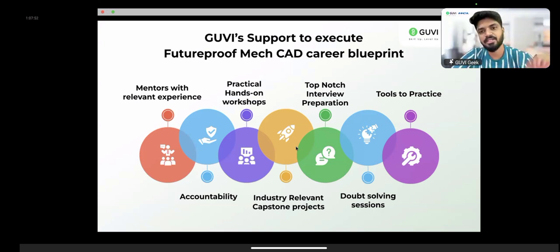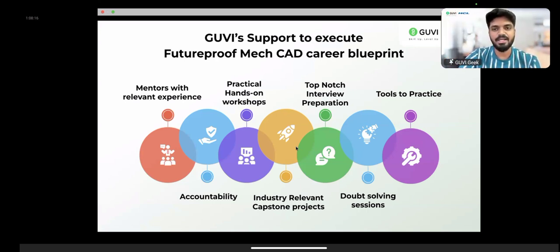Coming to this point, many of you are asking doubts about it, so I will let you know what it is. This particular course comes with placement support. How the placement support works: you have to complete the tasks, projects and assignments given by the team, and you have to reach your attendance percentage. Once that is done, you will be provided with the certification and we will move into placement, where we will start the training from scratch.